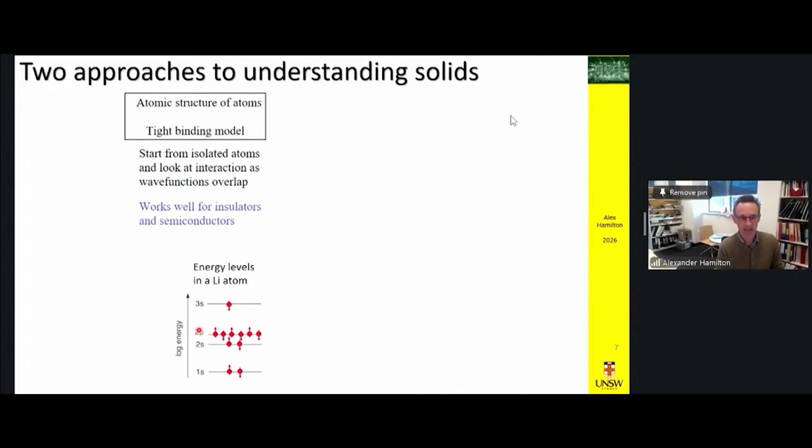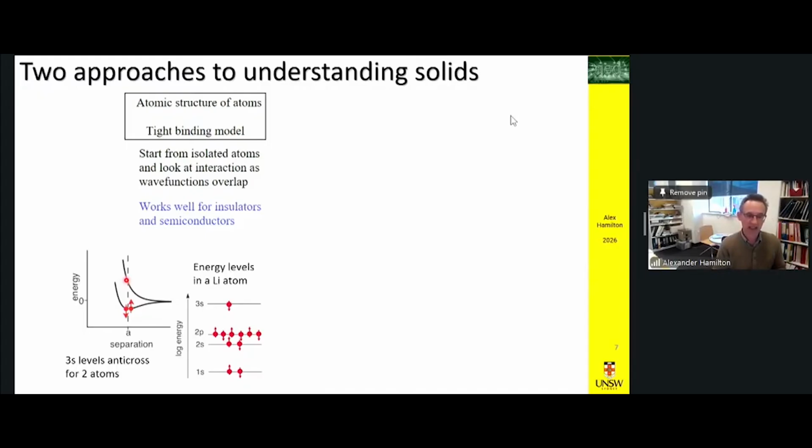So if you take the energy levels in a lithium atom, you've got your 1s, 2s, 2p, and then you have this one lone electron in the 3s band, and that's why it's a metal. And if we put another lithium atom close to it, this 3s level starts to split as we reduce the separation between the two atoms into bonding and anti-bonding states, and then the two electrons will form into this lowest band.